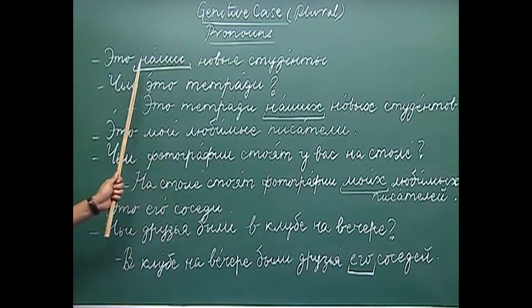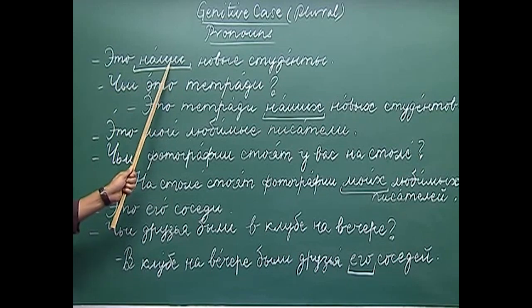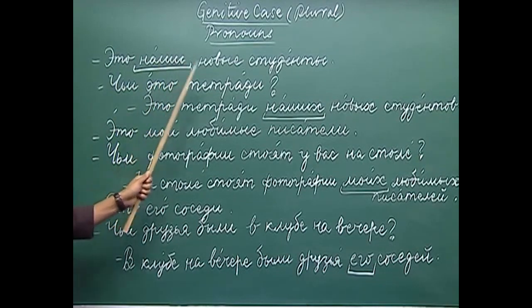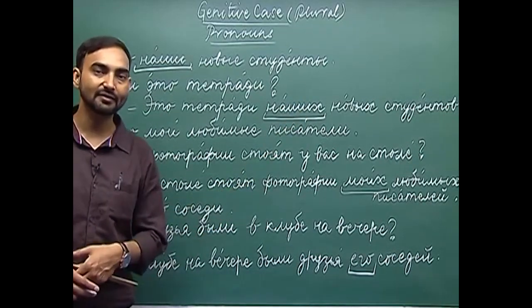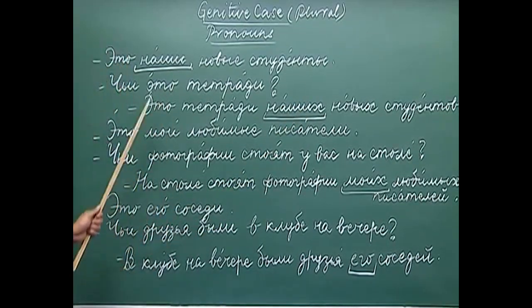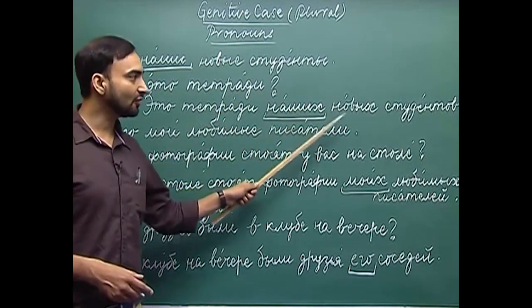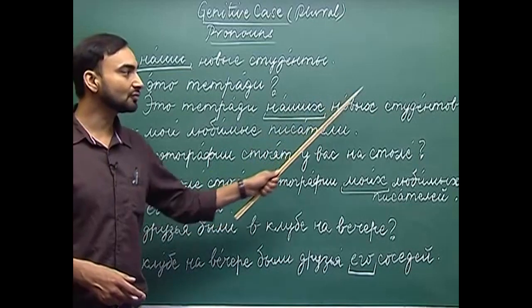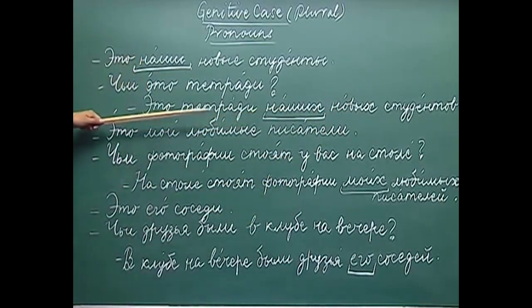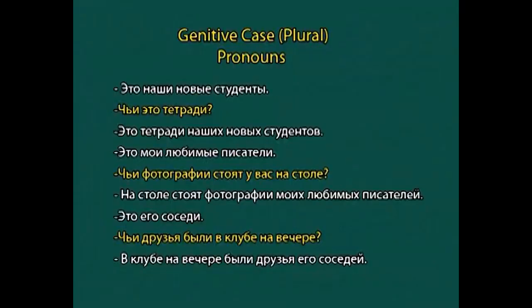As you can see, nashi is in the nominative case and we have added kh at the end to get its genitive case plural form. Eti tetradi nashikh novikh studentov. These notebooks are of our new students, and this sentence shows possession. That is why we have used a possessive pronoun, nashi.